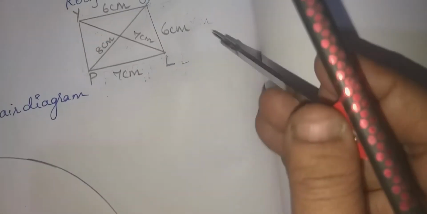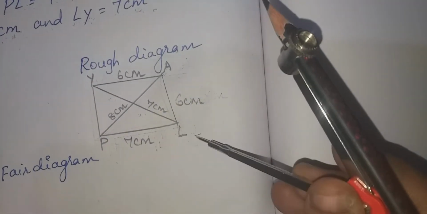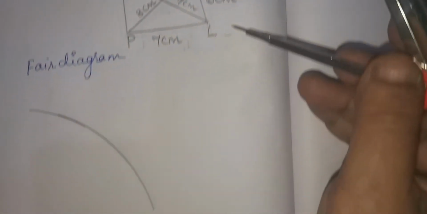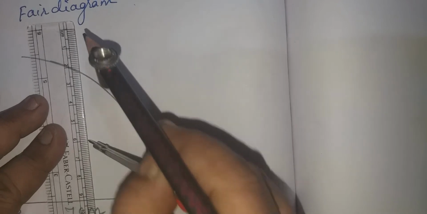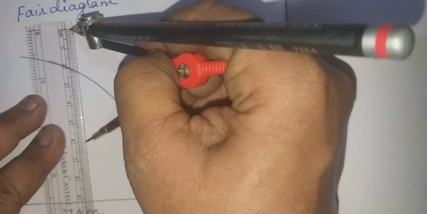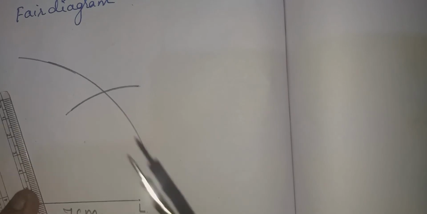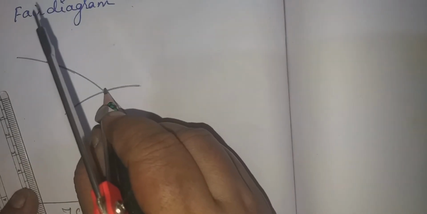Next, you can see here AL is given 6 centimeters. So with L as center and radius 6 centimeters. Measure 6 centimeters using the ruler. 6 centimeters with L as center, radius 6 centimeters. Cut the previous arc. And this is the intersecting point here.